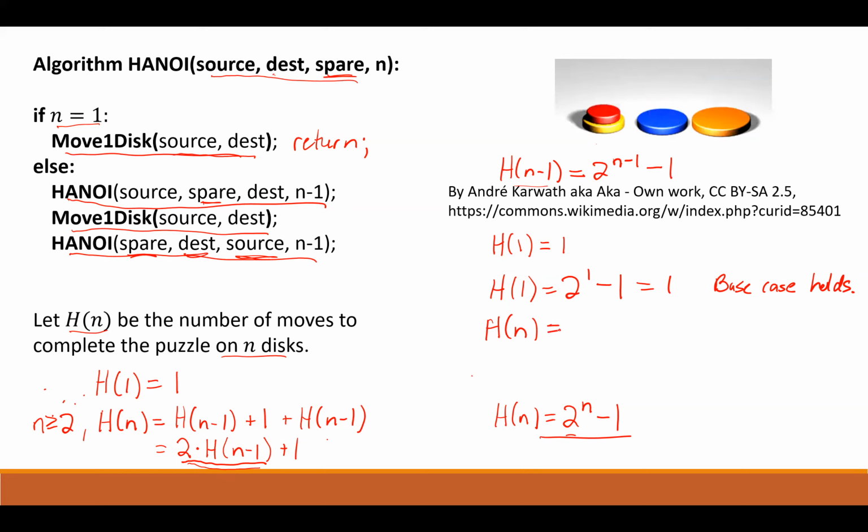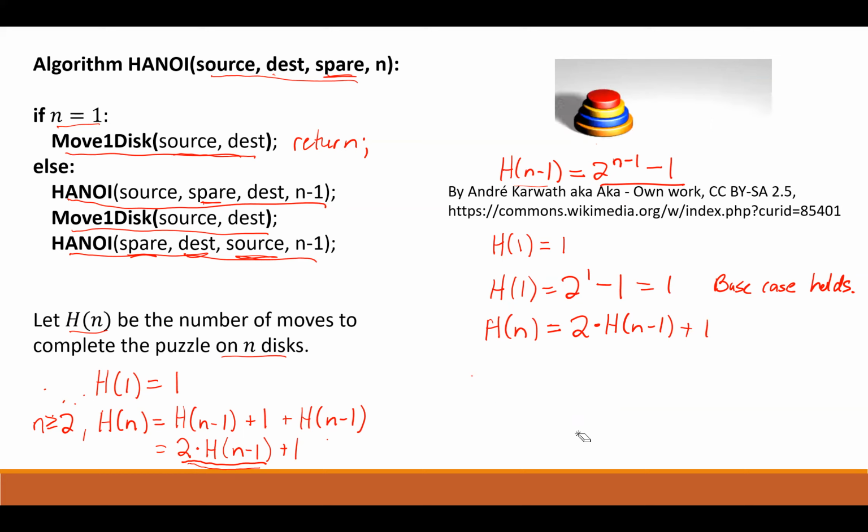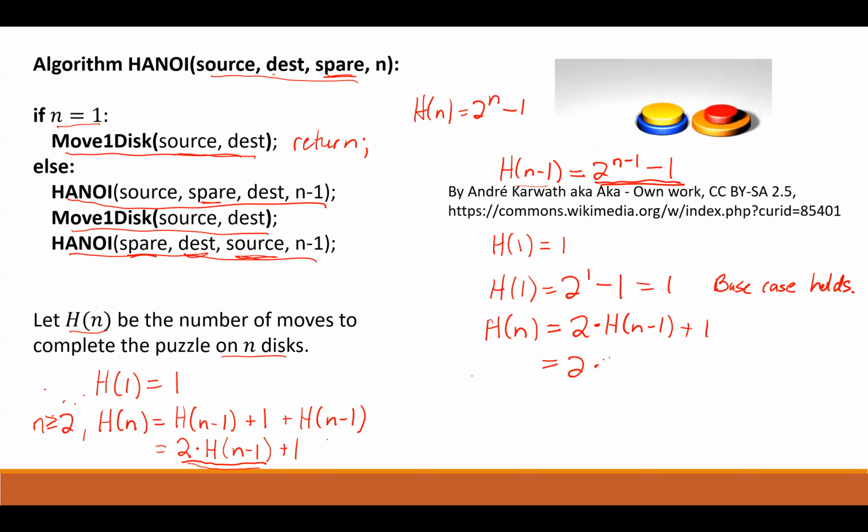So now I'm going to write this as 2 times h of n minus 1 plus 1. I will plug these values in for h of n minus 1. So this is equal to 2 times, I simply take this value, 2 to the n minus 1 minus 1, plus 1. So that's 2 times 2 to the n minus 1 minus 2, right?